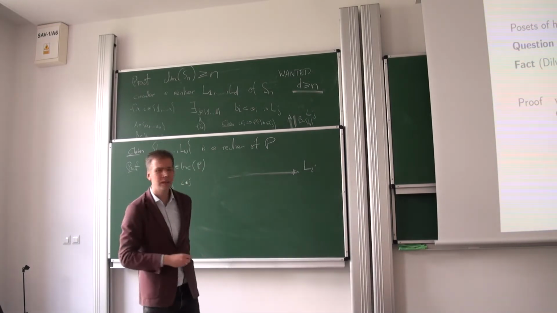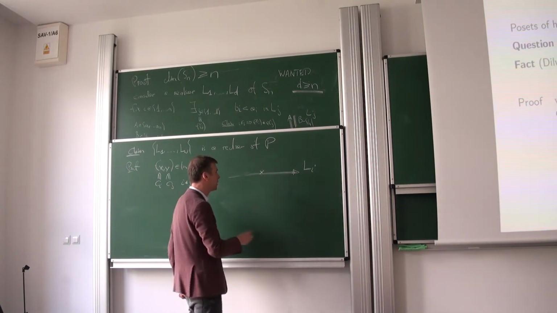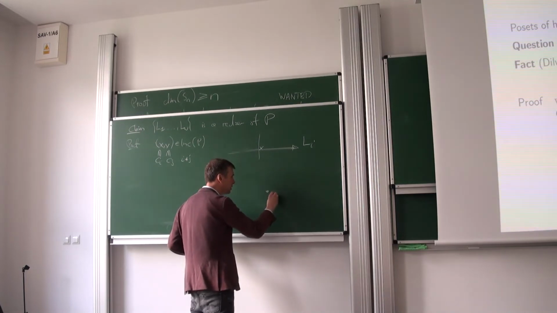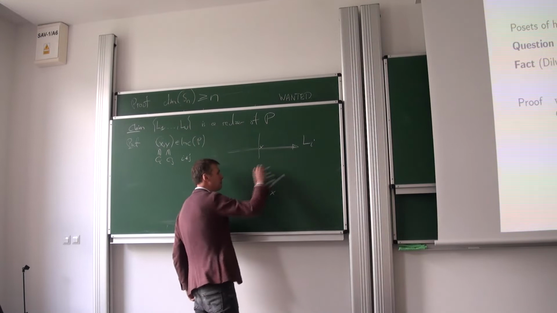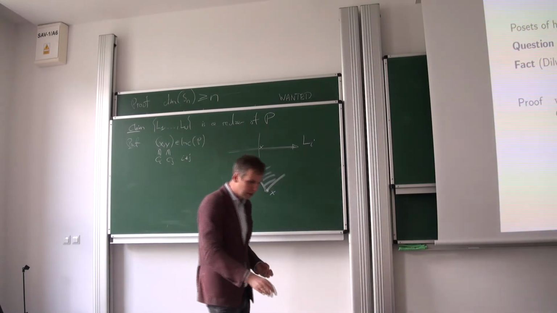Let's consider the moment that X is chosen. How does it look? Well, X is definitely a minimal element because it's chosen. Perhaps there is some upset. There is no downset.